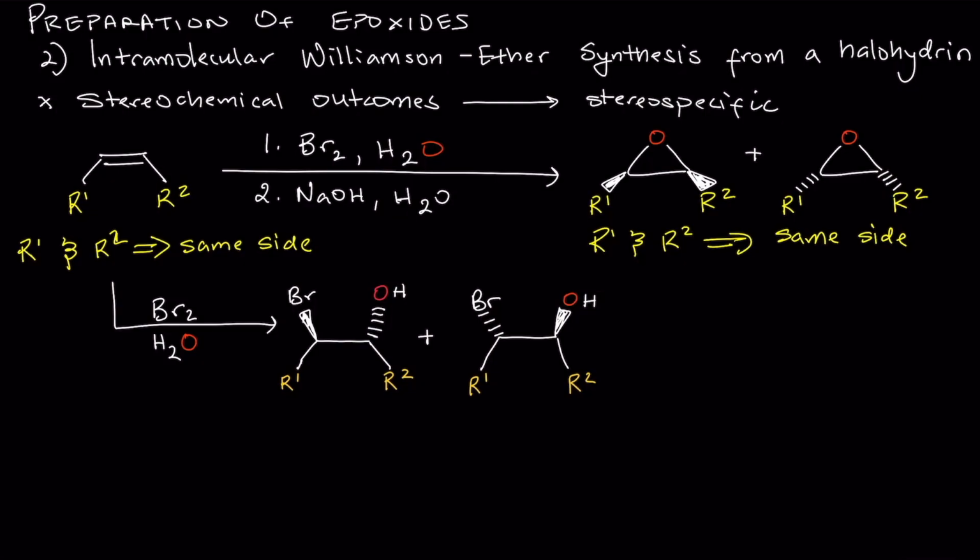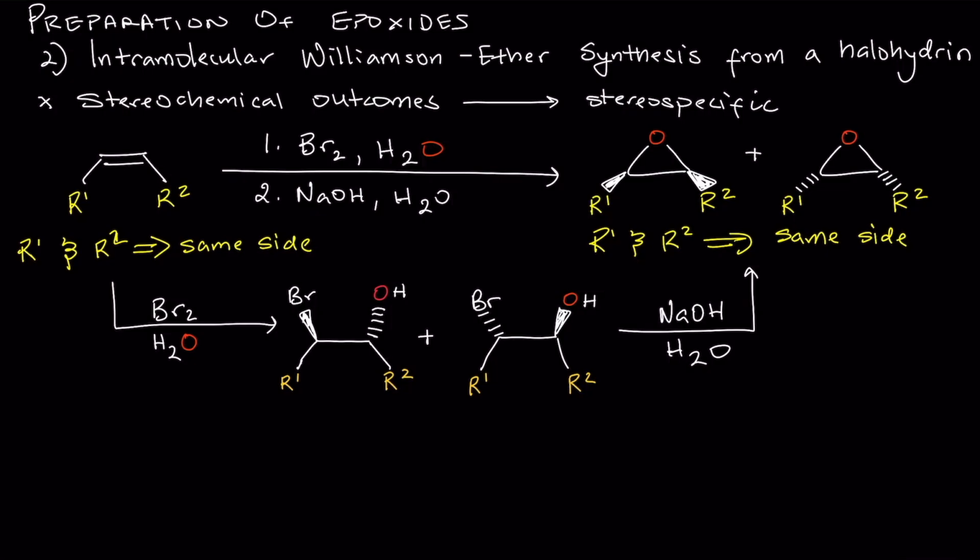And if you follow each step in your synthesis, you would understand why. So in that first synthesis step, you have an anti-addition of your Br and your OH on the alkene. So you end up with your Br and OH being on the opposite sides. And that actually happens to be the correct orientation of your Br and OH to do an intramolecular SN2.